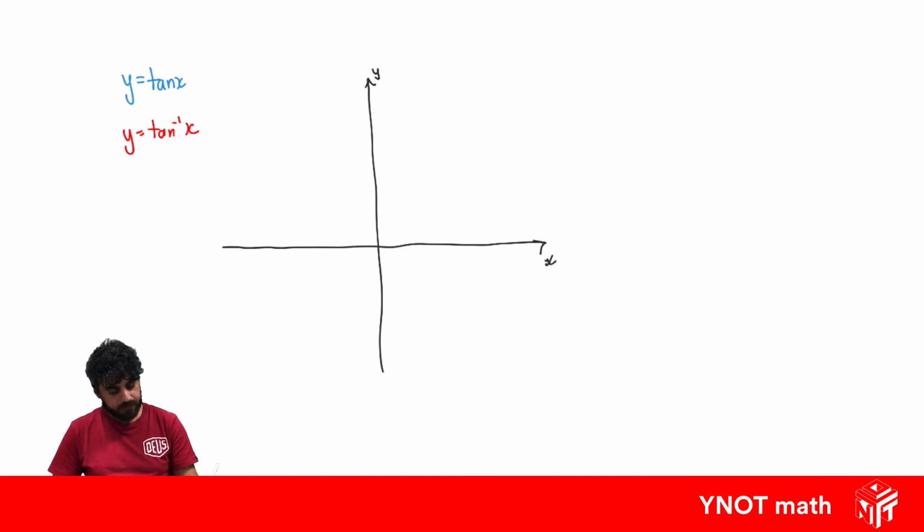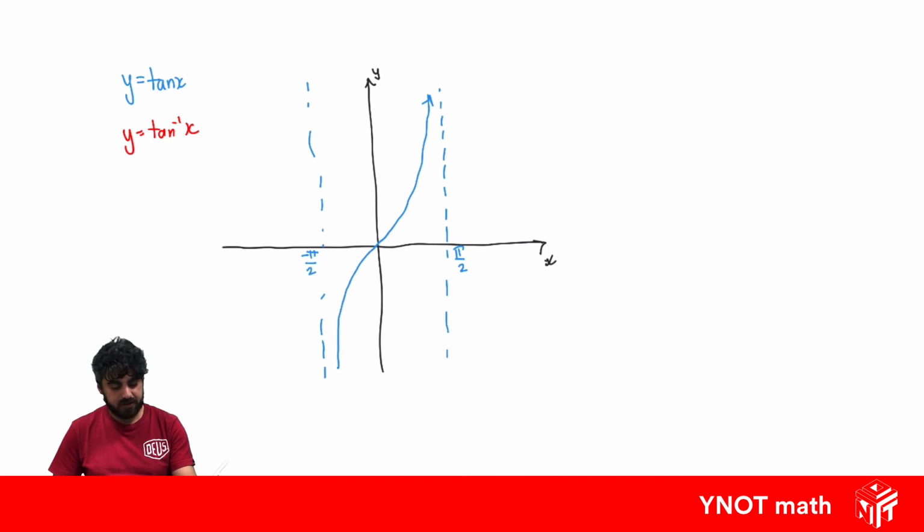So for our tan x, we actually get something like this, where we have asymptotes at pi on 2 and minus pi on 2, and that graph repeats in both directions, but this is all we need to graph our inverse.